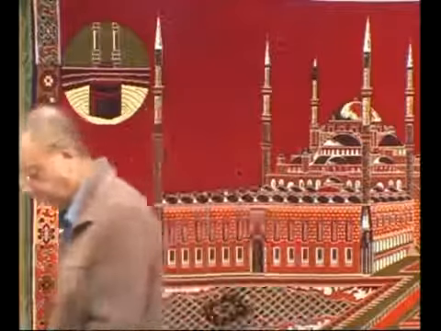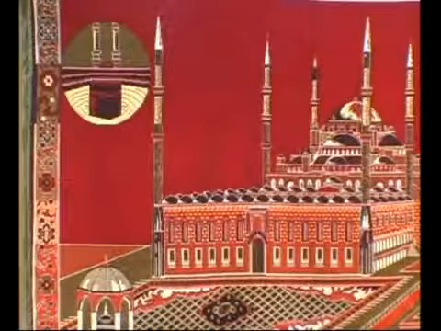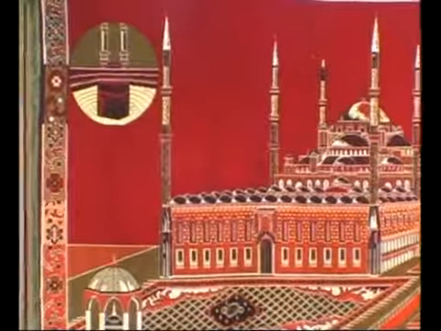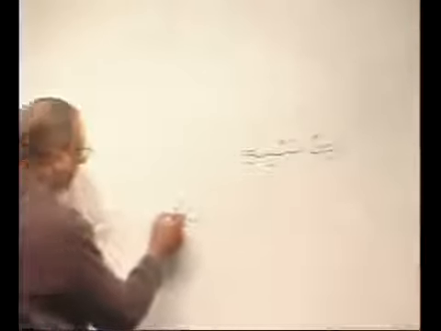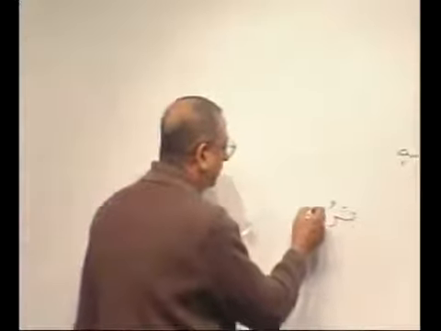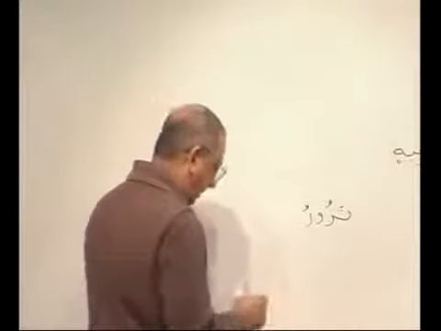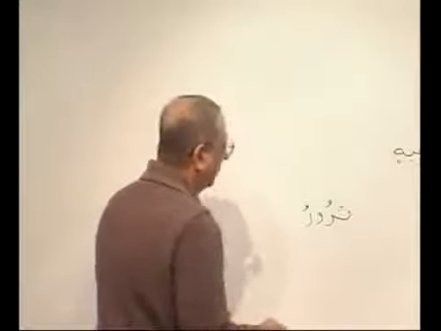Brother Hassan, tazuru. How will you make it? Majzoom, la tazur. What will you say? La tazur. Do you know how it happened? I will write it, brother. Be careful, brother. Ta zu ru. Okay? Now I put la here, brother.